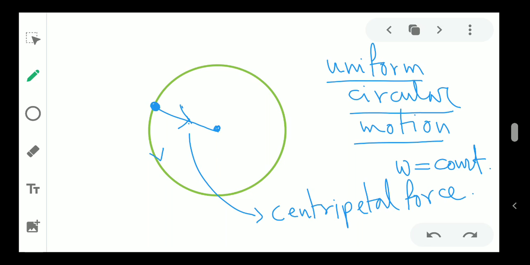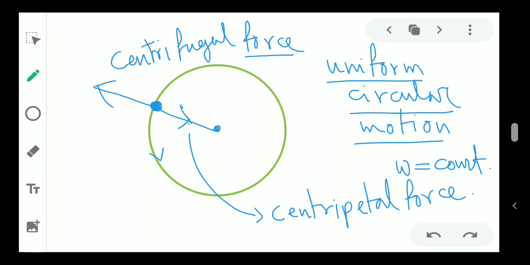So that's why there is another reaction force which is felt only by the object that is rotating, and that is called centrifugal force. So centrifugal force is nothing but the reaction force of the centripetal force. Who can feel the centrifugal force and who can feel the centripetal force?